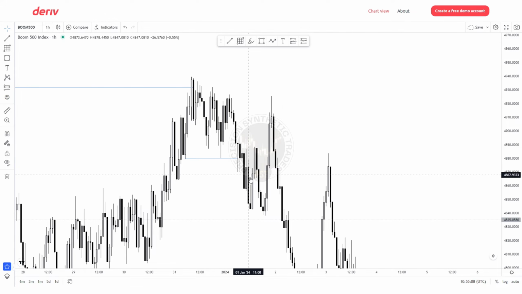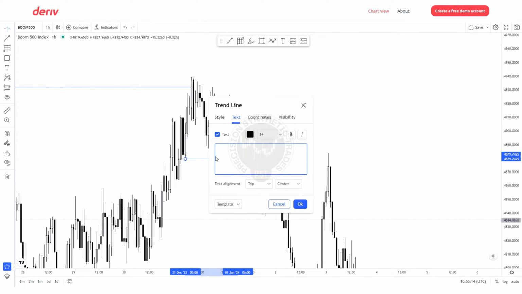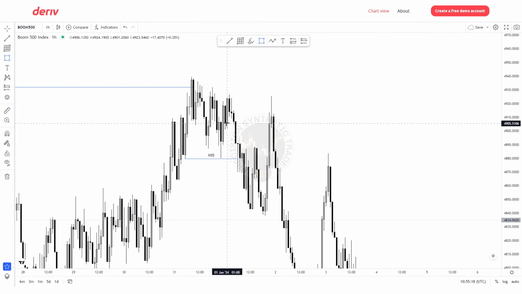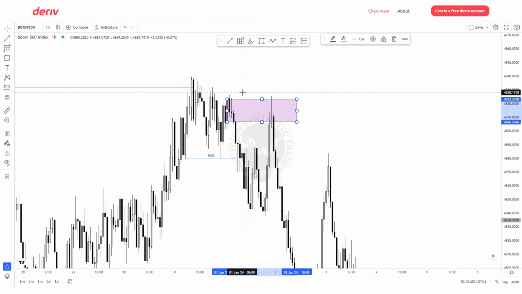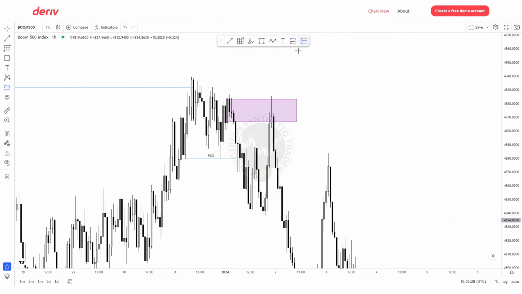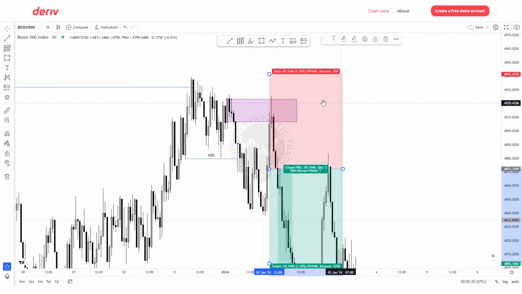Here we get that move. What do we have? So this would be my market structure shift. Enter from an order block, and as you can see, there's a fair value gap there as well. Sorry, wrong one. You will enter from the trade.